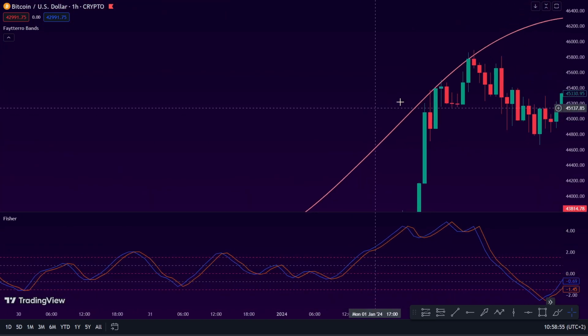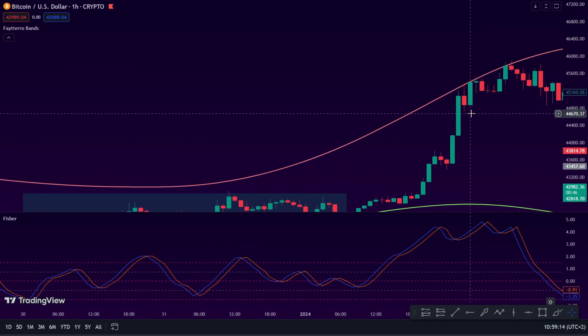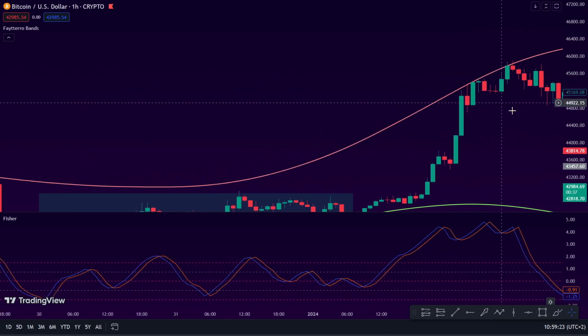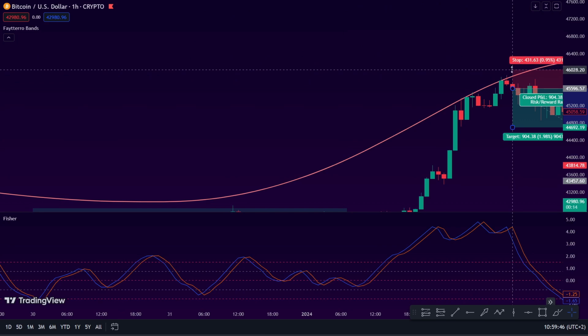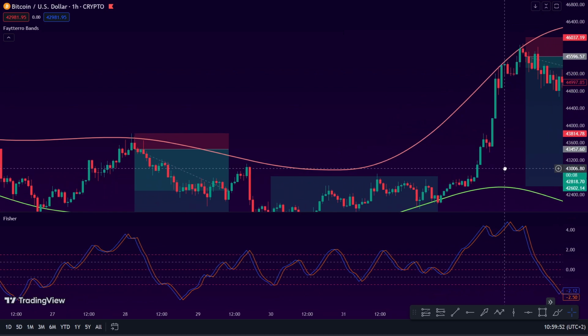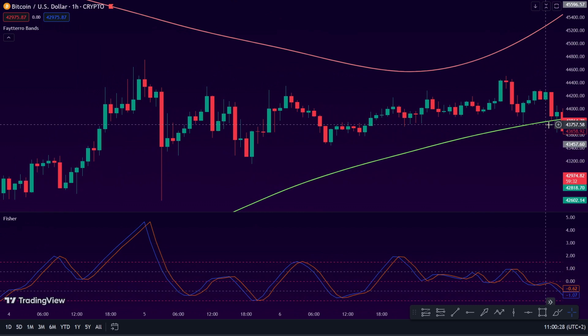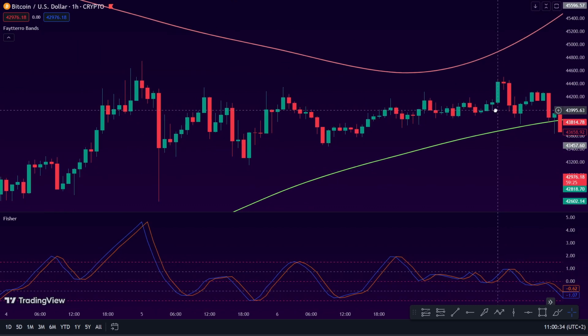Let's see the next. As you can see here, candles touch the upper band and prices again go up. So here we could also stop, or if you do price action, you could catch the position here. If I put the stop above this line, I would take the profit after achieving the next line. Alright. As you can see here, candles touch the below band, but the Fisher indicator doesn't confirm this signal.